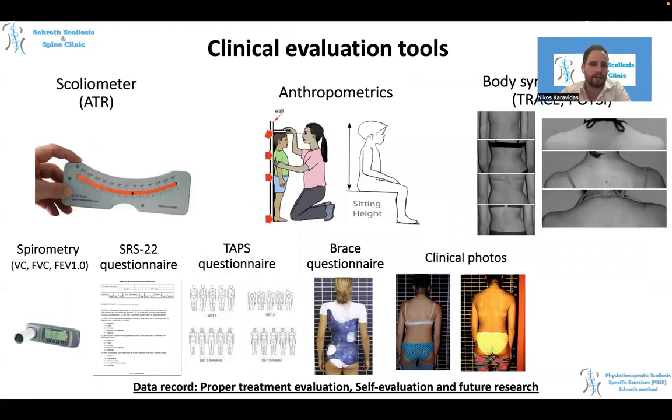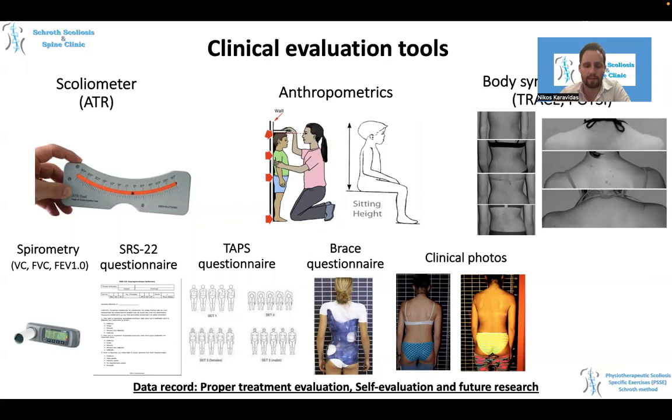Our role as specialized physiotherapists is not only to treat the patient with exercises, but I believe our role is really important for the clinical evaluation of the patient and the follow-up.